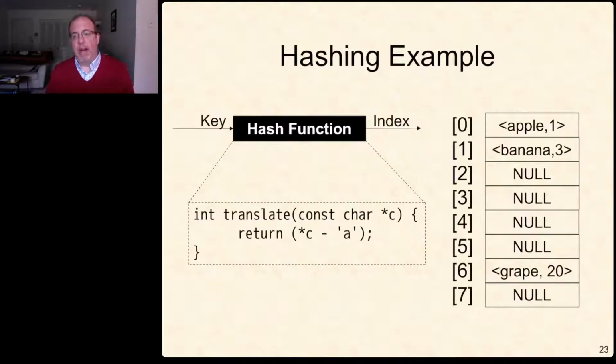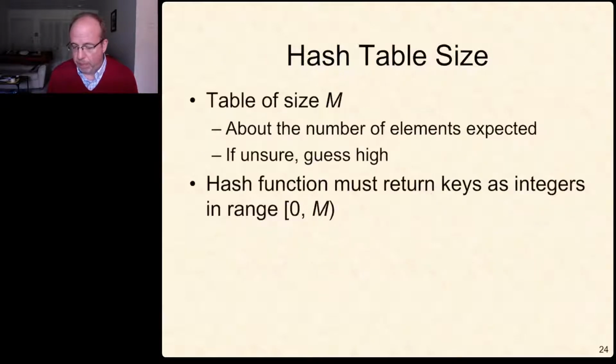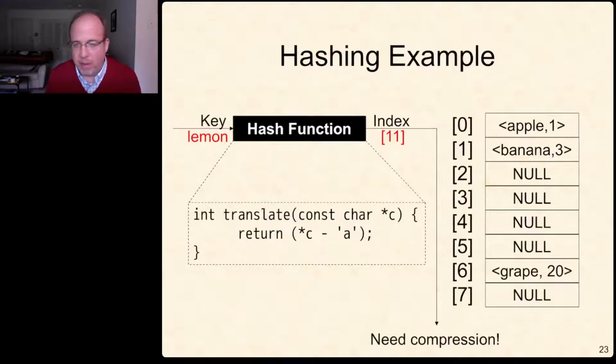So going back to our fruits example, lemon, so L minus A is 11. 11 is larger than 7, so we're going to have to take 11 mod 8 because our table is 8. Oops, I'm jumping a little ahead of myself. So this is off the end of the table. We're going to have to do something about managing this piece.